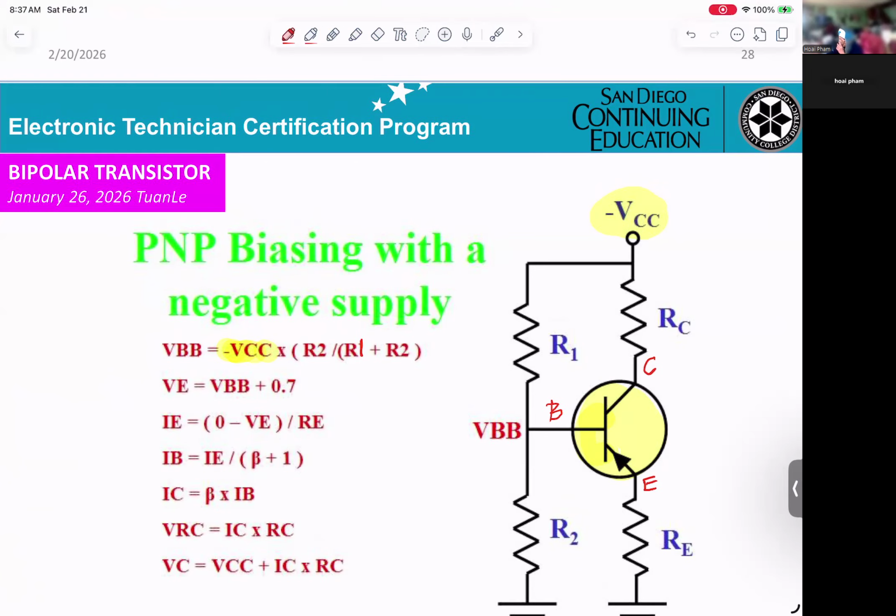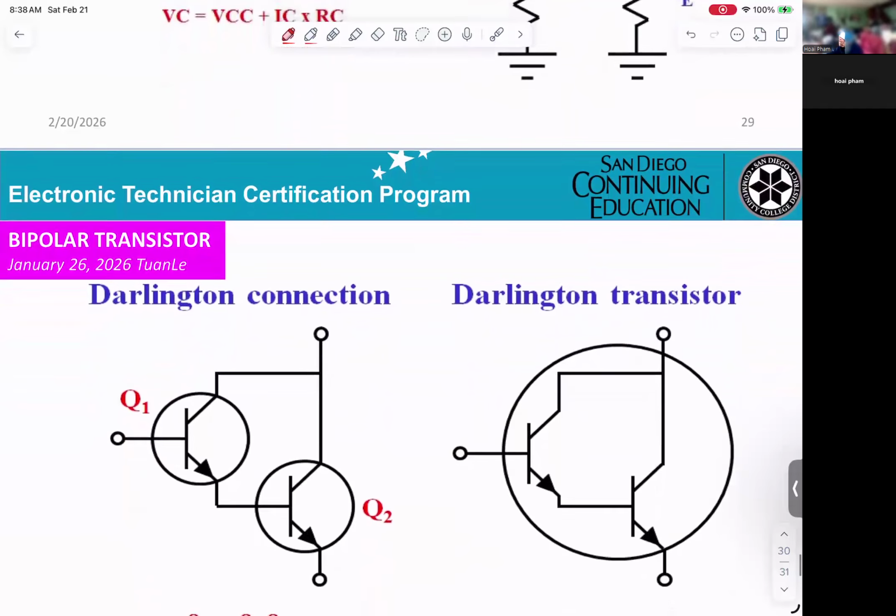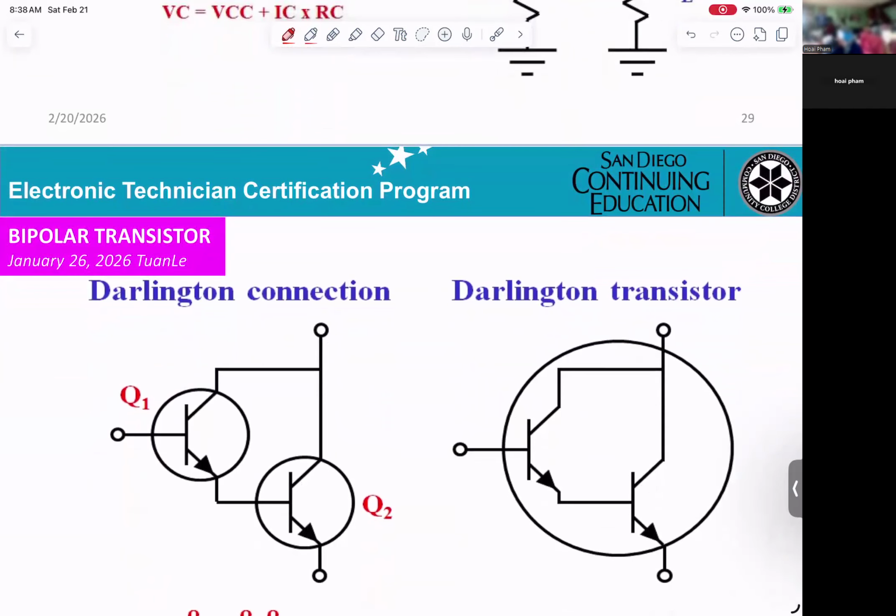And that will be given in the formula. The reason is normally they're working with NPN, sometimes PNP, but we're asking you to get a formula to calculate what you need.